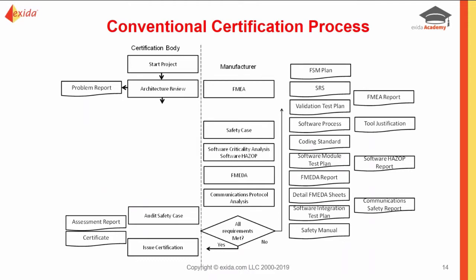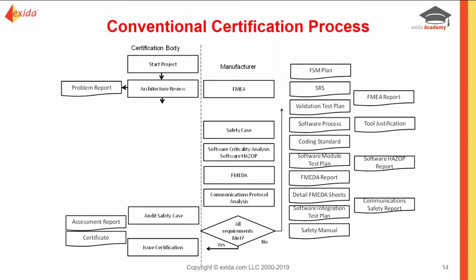At Exida, we're a little bit different than the conventional certification process. So normally what happens is a certification body starts the process, they kick off, we would review your architecture and say, great, now we need you to do an FMEA, we need you to do an FMEDA, we need you to build a safety case and show us how you comply with every requirement of the standard.